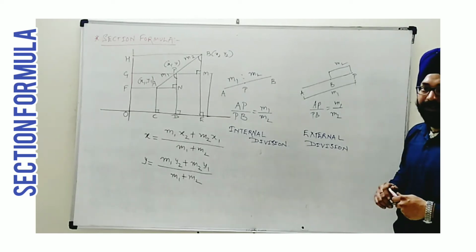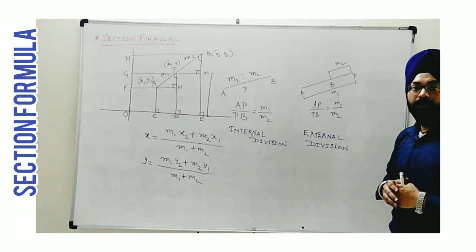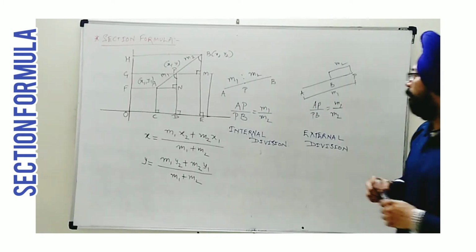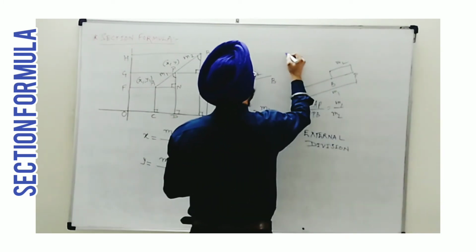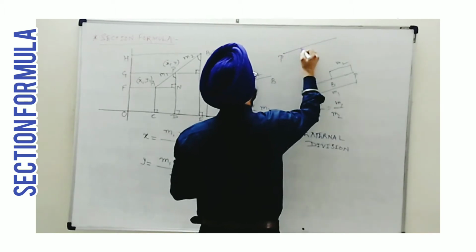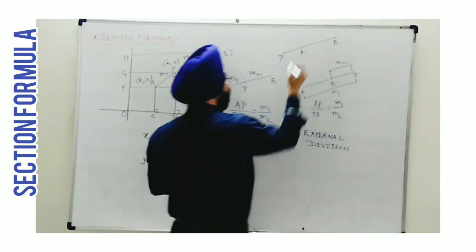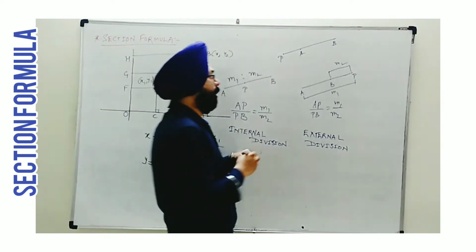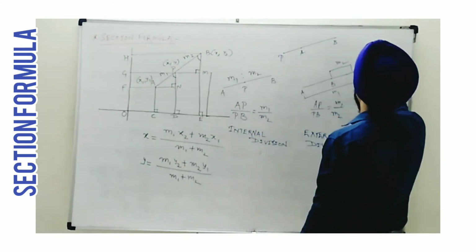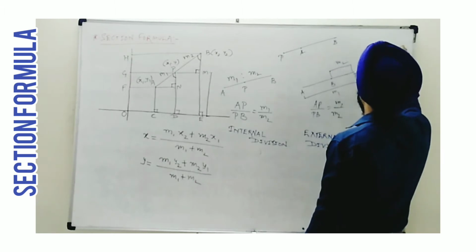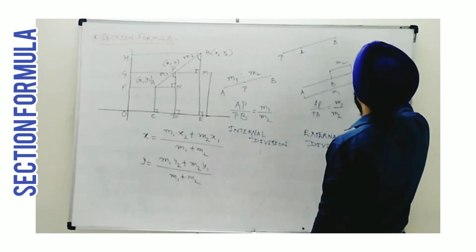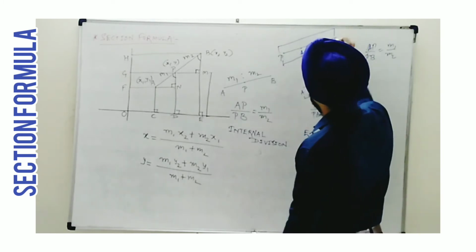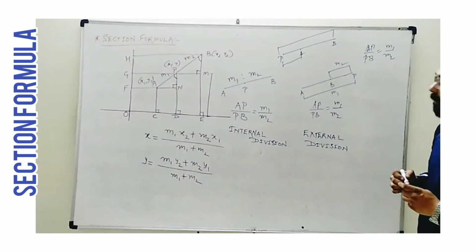Yes, now we see that if I have taken P beyond AB, this is not the only aspect. Here we can see if I take P first, and A later, this also will be said to be external division with respect to P. Here also if I see AP upon PB is M1 M2. So that means we are taking the ratio of length AP and PB. But what is the difference?